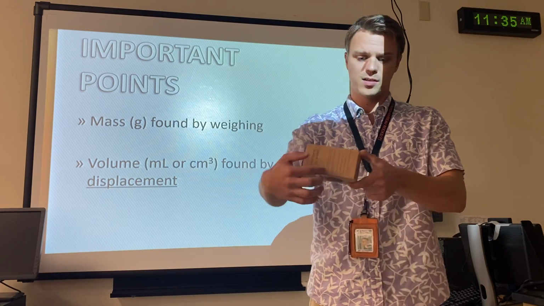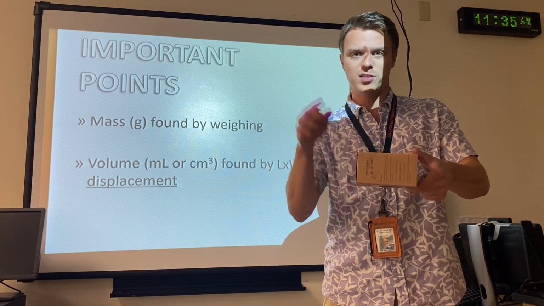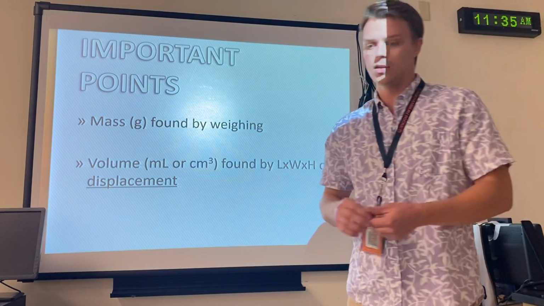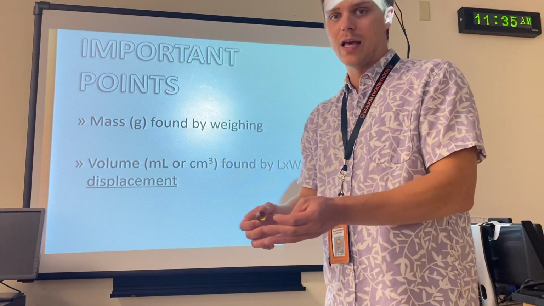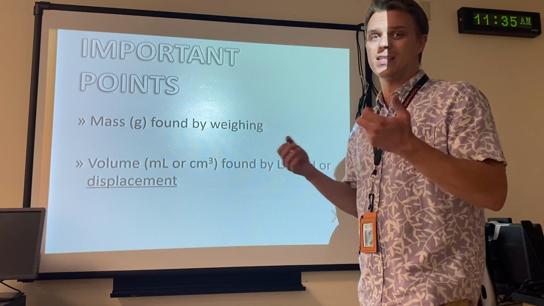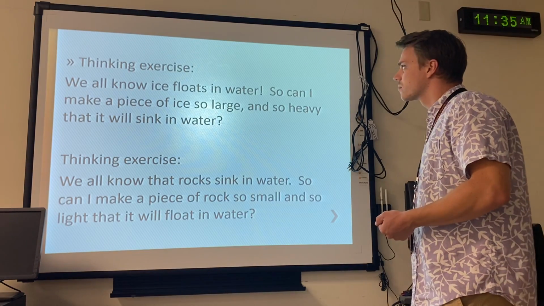So I could find the length, the width, and the height of this, multiply them all together, and that'd give you the volume of this. Or you can put the object into water and measure how much water it displaces, or how much room it takes up. It's gotta move the water somewhere, all right?